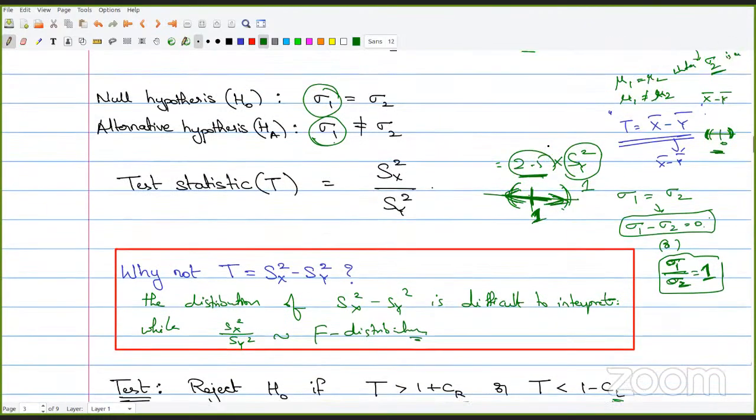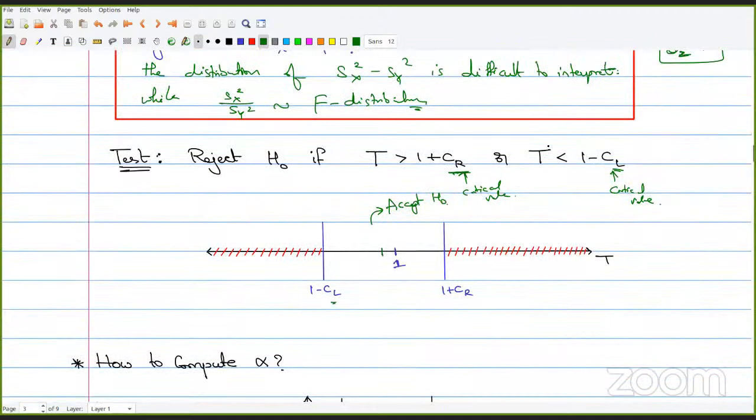The division is very nearly equal to 1, which means the sample variance of x and the sample variance of y are more or less equal. If the sample variances are equal, then the distributions' variances are also equal. Then we will conclude and accept null. We accept null when it is in this particular region, and beyond that, we will reject null. In this region we will reject null, and in this region also we will reject null.